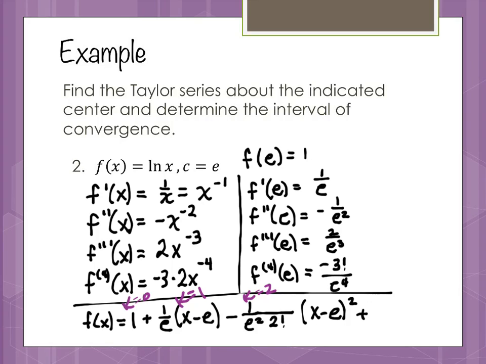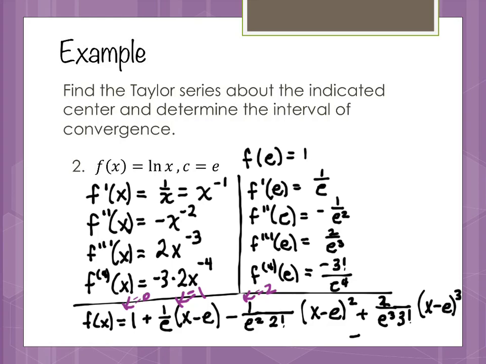And then I've got a positive 1 over e cubed. But I've got a 2 on the top, so let me change that 1 to a 2. And I'm going to have a 3 factorial in the denominator. And this is times x minus e cubed. And although I'm out of space, I'll try and squeeze it in here underneath.